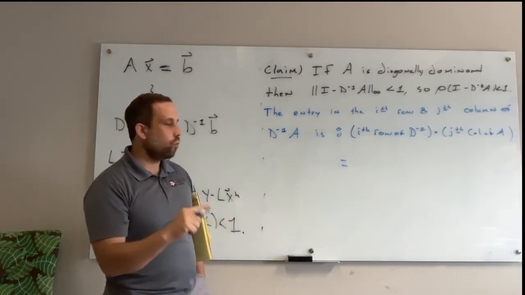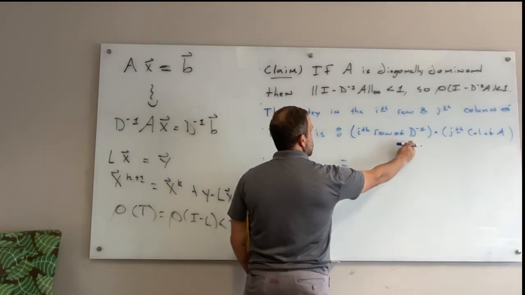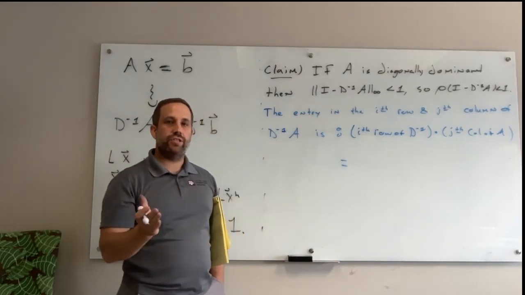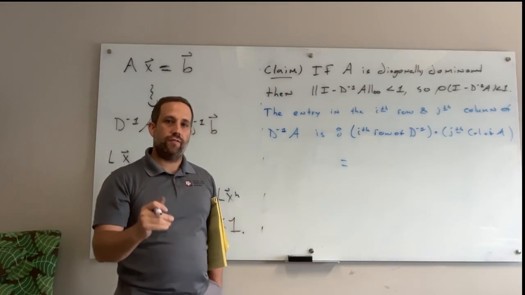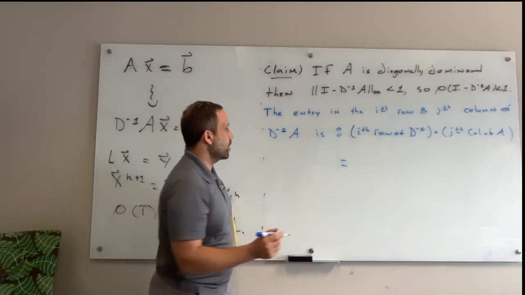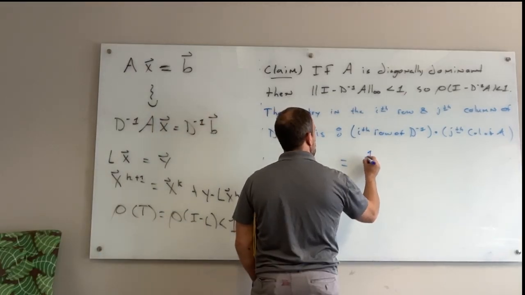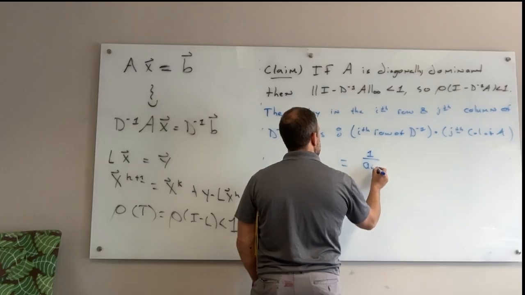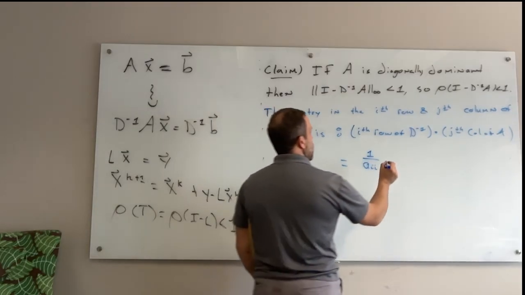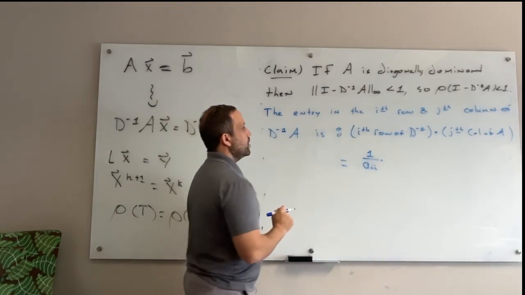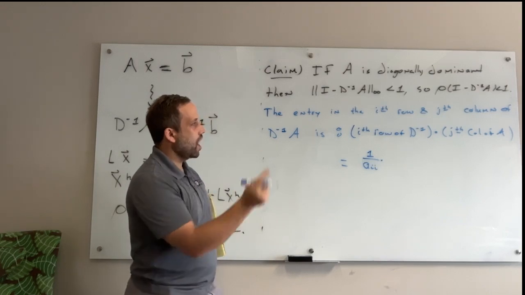D inverse is a diagonal matrix where the entries are 1 over the diagonal of A. So we're going to have 1 over Aii, and then we're doing the dot product with the jth column of A.